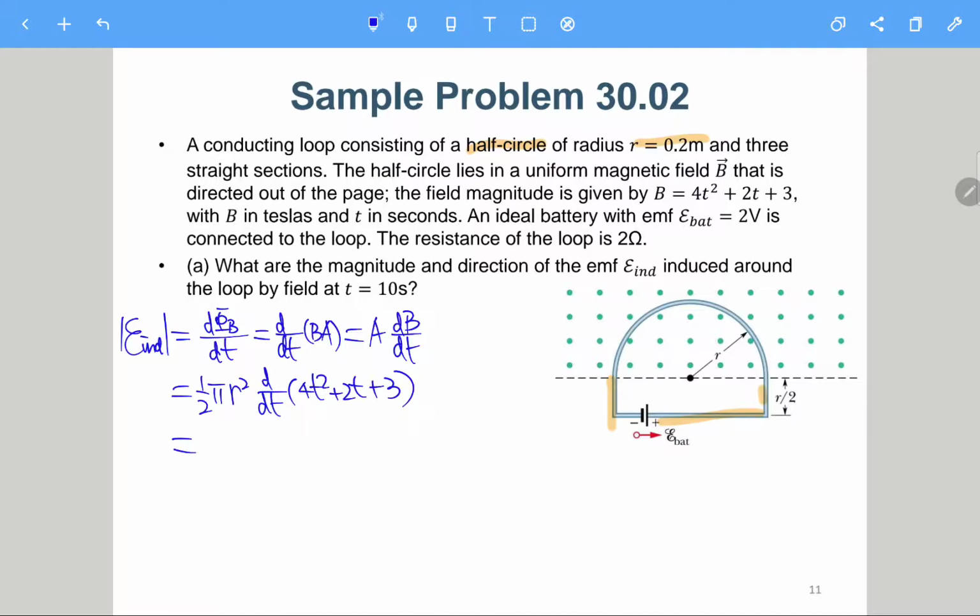So we can plug in r equals 0.2 squared, and then we take the derivative of this polynomial, which is very easy. T squared, take the derivative, is 2t, so it is 8t, and then plus 2.